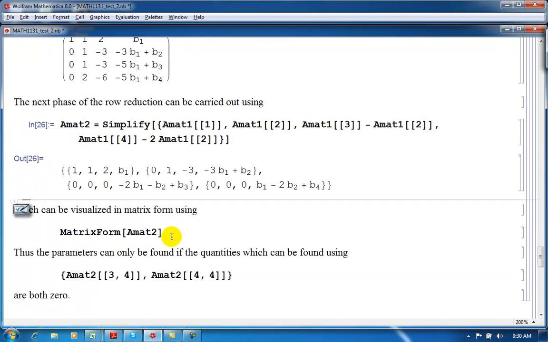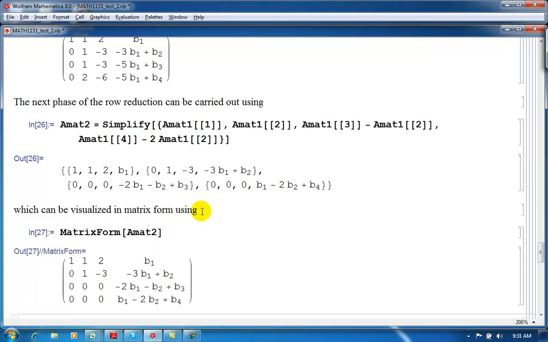And we can view that in, and we can see that these will only have a solution if this row and this row are non-leading, and this one, and that will be the case if this quantity here and this quantity here are both 0.